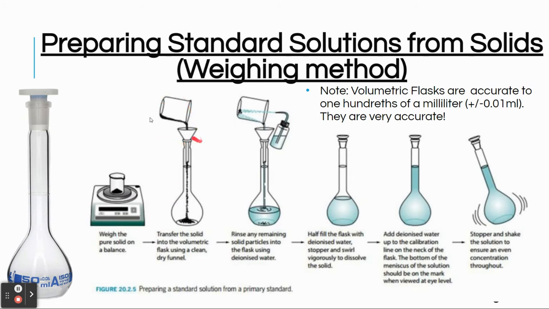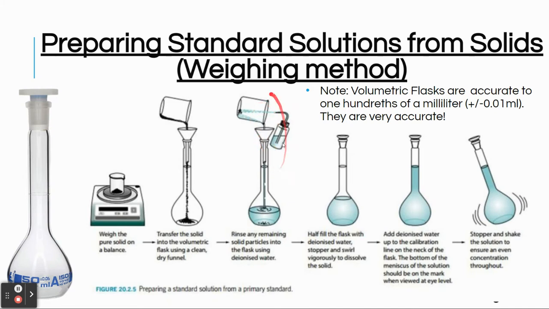So you pour in your solute. You can initially have your solute in a beaker if you'd like, and then pour it into the volumetric flask using a funnel. Afterwards, you add your water. We use distilled water, so it doesn't have any other ions or anything in there.